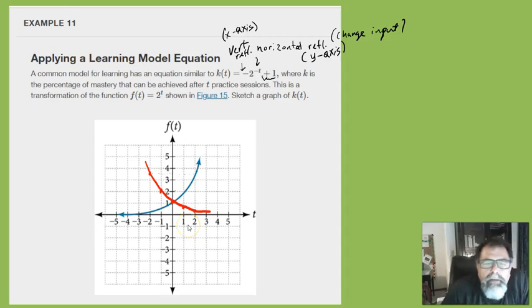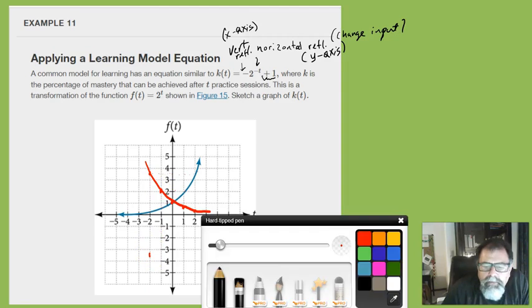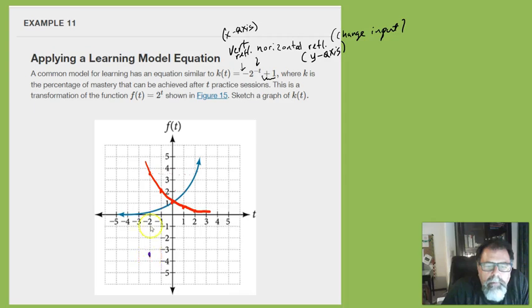Then we're going to take that and flip it over the t-axis, or x-axis. So we're here at about 3.5 or so, so we're going to go down to -3.5. Now let's change colors here. Let's change it to blue, or purple. It's a little different shade than that one, so we're good.